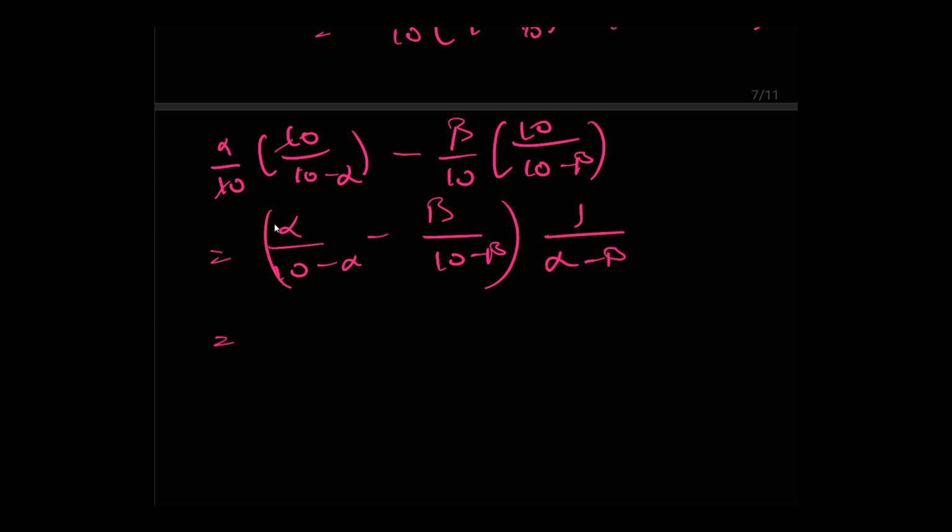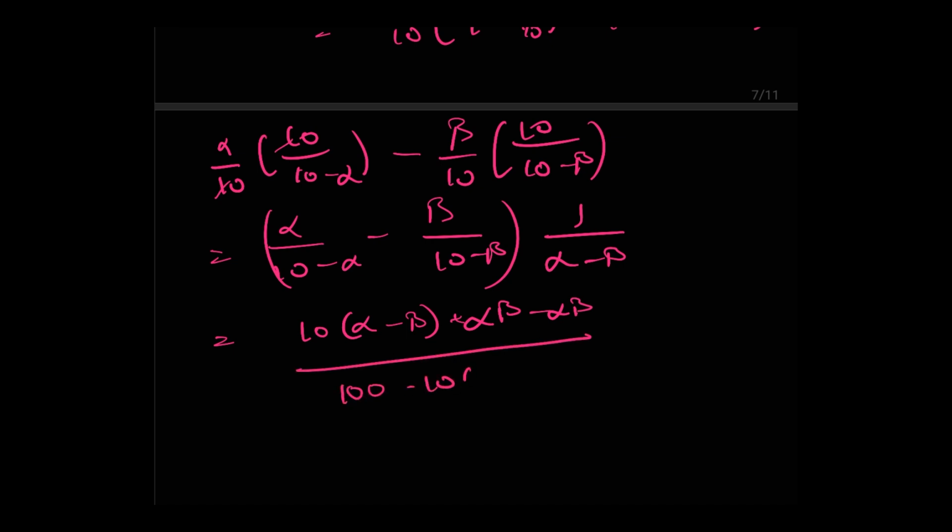That implies 10 times (alpha minus beta) plus alpha beta minus alpha beta, by 100 minus 10 times alpha beta (alpha minus beta) plus 10 times (alpha plus beta) into alpha beta, into 1 by (alpha minus beta).